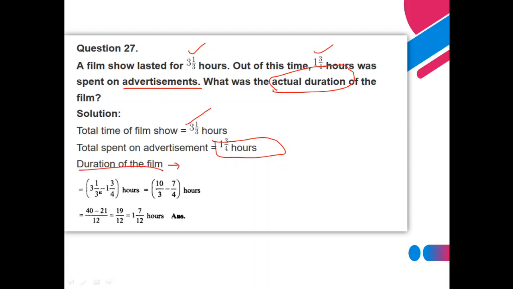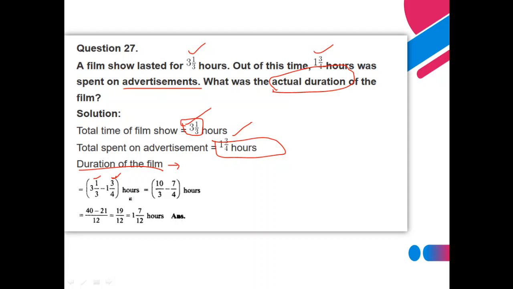So as usual, we have to write the statement first. Total time of film show 3 1 upon 3 hours. Total spent on advertisement 1 3 by 4 hours. And then duration of the film. So now the total is known and the advertisement time is known, so we will subtract: total time of film show minus spent on advertisement.